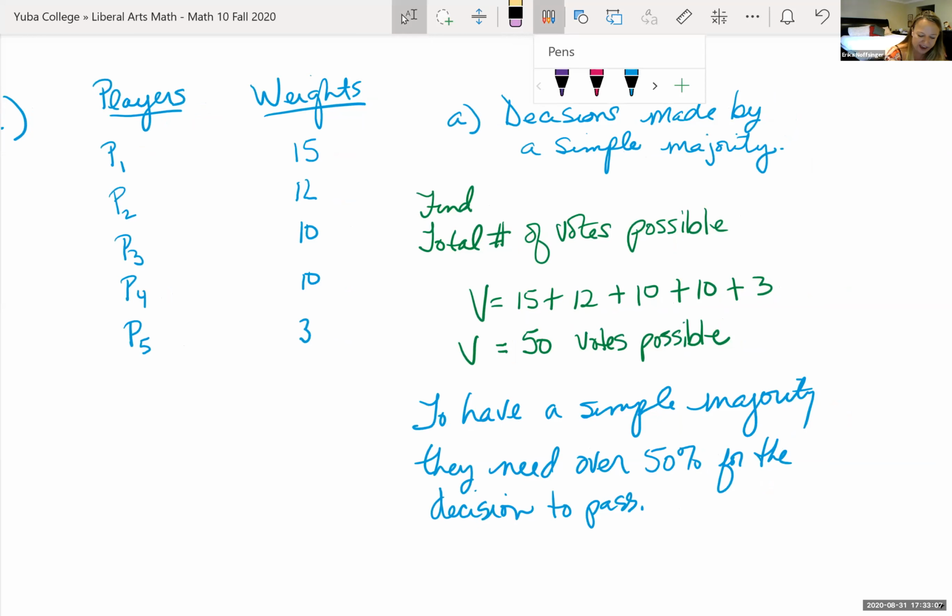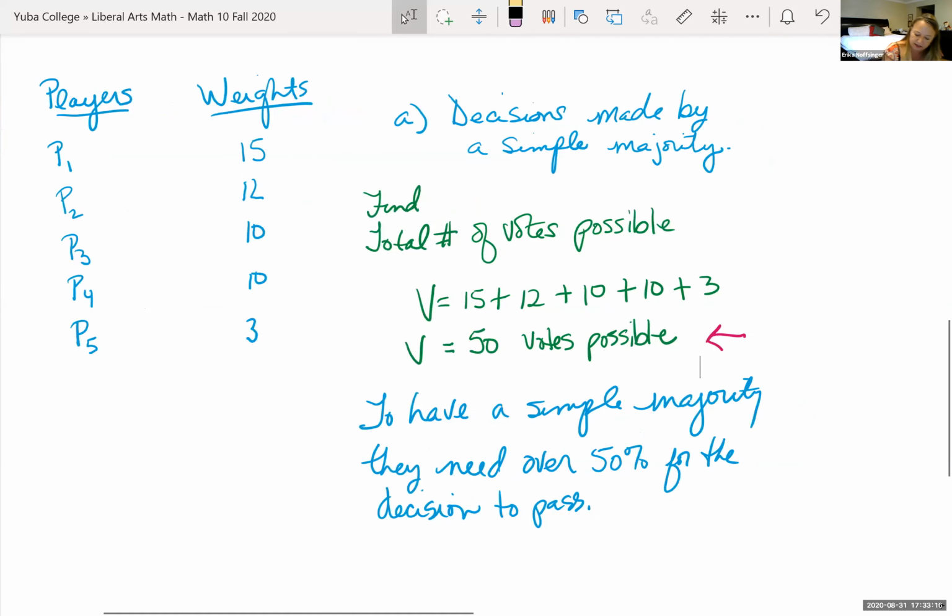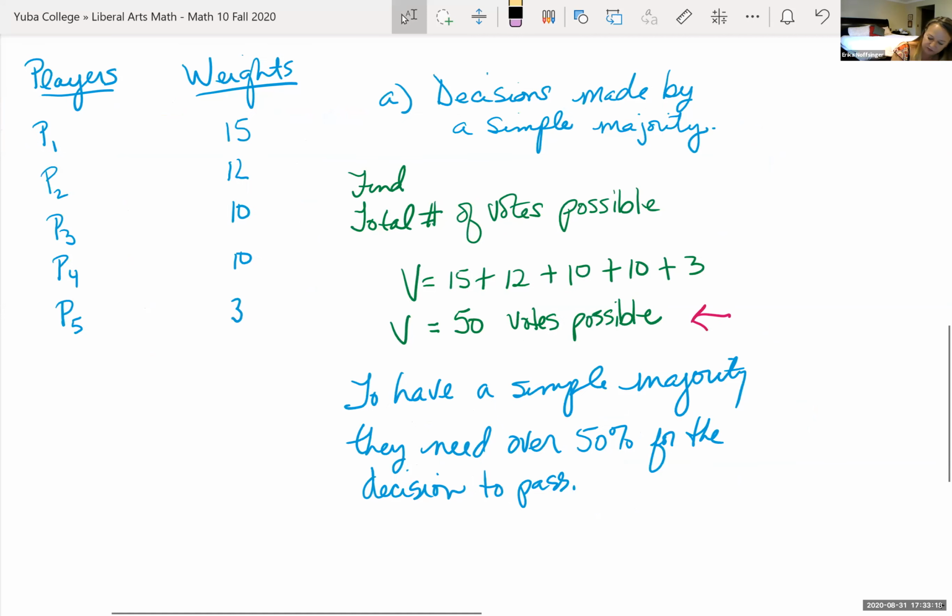It's impossible to have half of a vote, so they're going to need 26 votes. So 50% times V, the votes need to be greater than this.